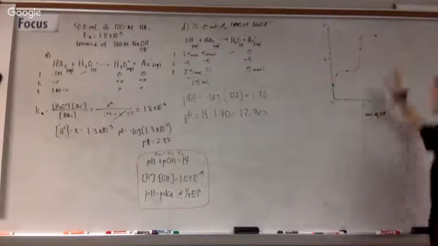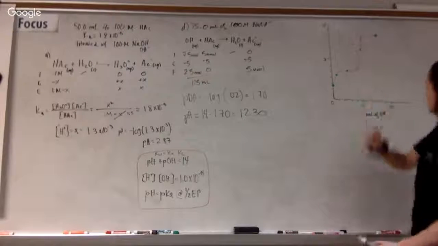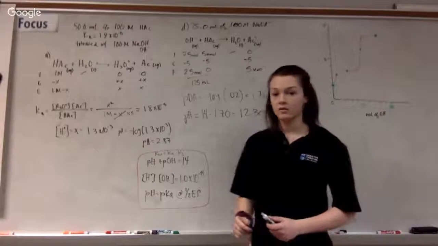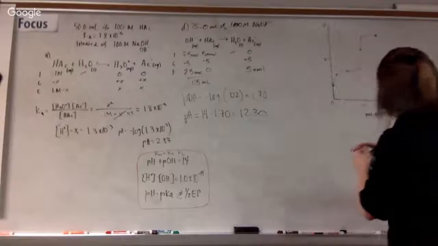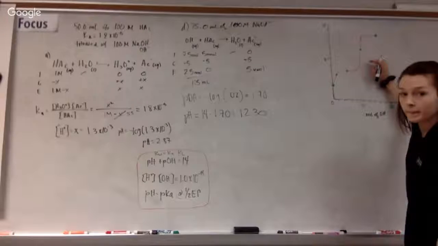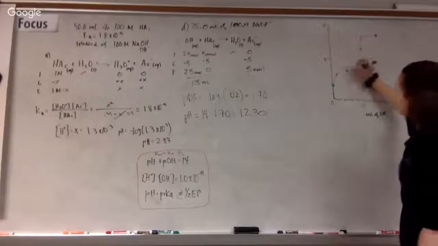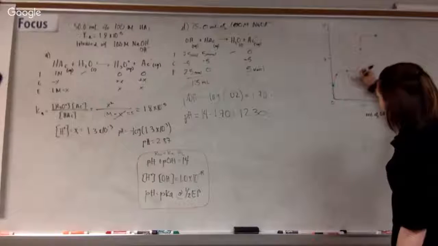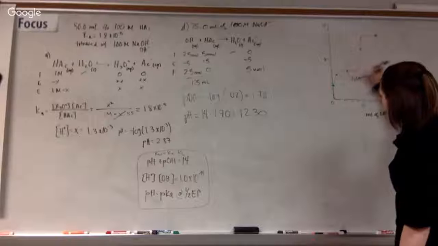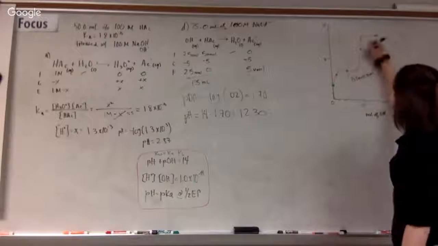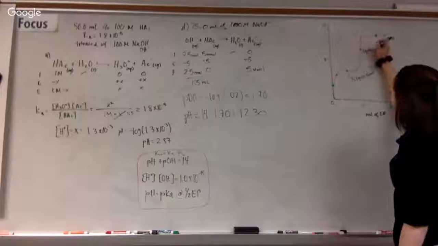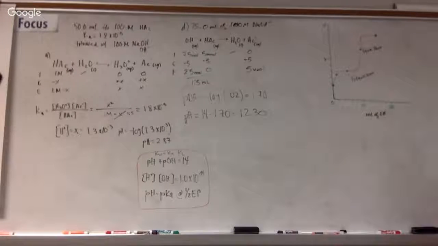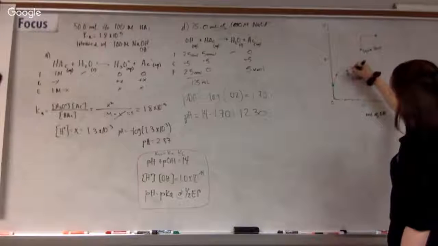Now, let me point out a couple things here that are incredibly important about this graph. First of all, can we put little arrows going to the third dot, the one at 25, and label it half equivalence point. And then the fourth dot, put equivalence point.